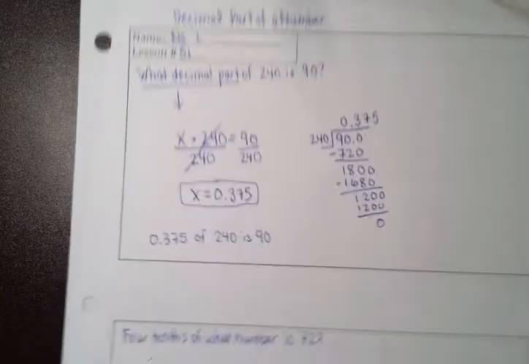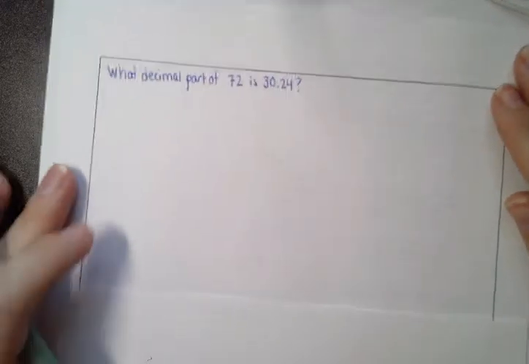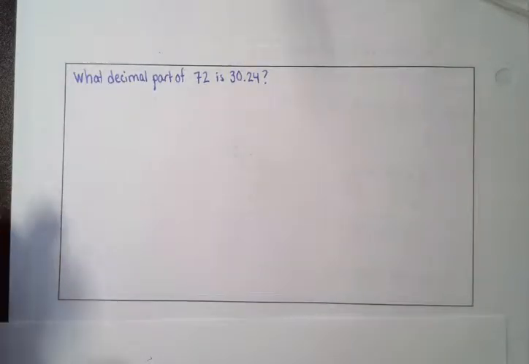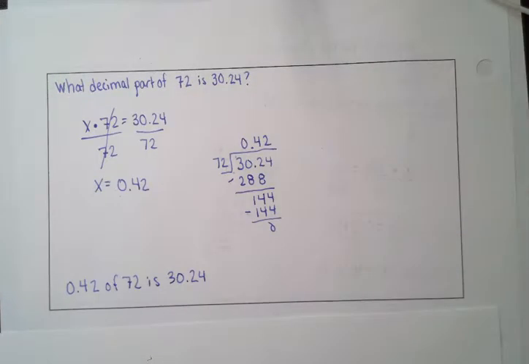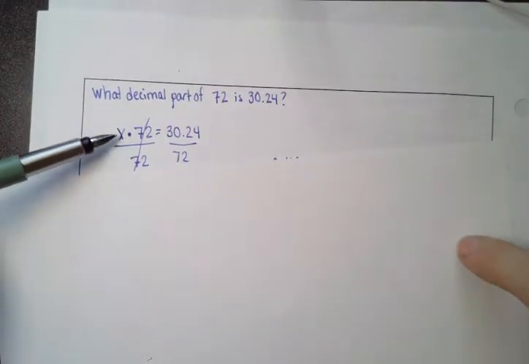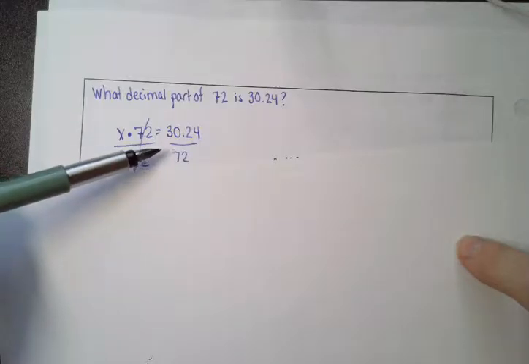Flipping over your notes, we can look at this next question. What decimal part of 72 is 30.24? Take a moment, pause the video, and first translate this into an equation, and then solve that equation. If you solved this correctly, you would set up the equation like this: x times 72 equals 30.24.